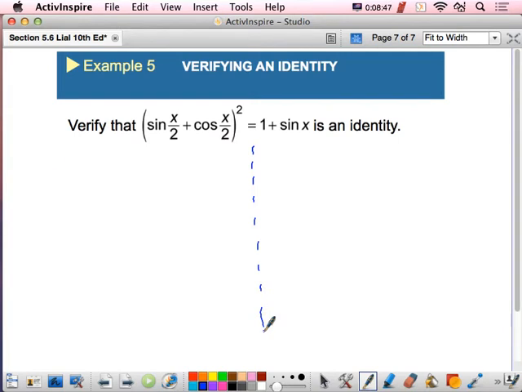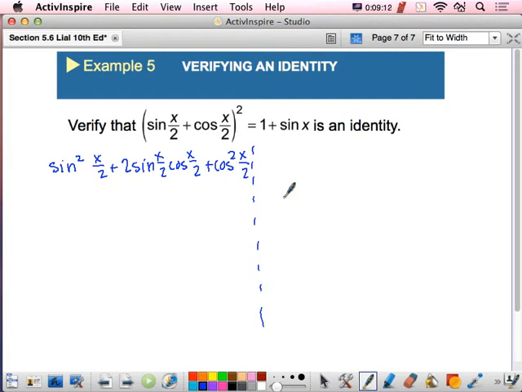If we double square it, we have sine squared of x over 2 plus 2 times sine of x over 2 cosine of x over 2 plus cosine squared of x over 2. So take a minute and make sure you understand how I FOILed that. If you don't, just go off to the side, write it twice, and FOIL it out.